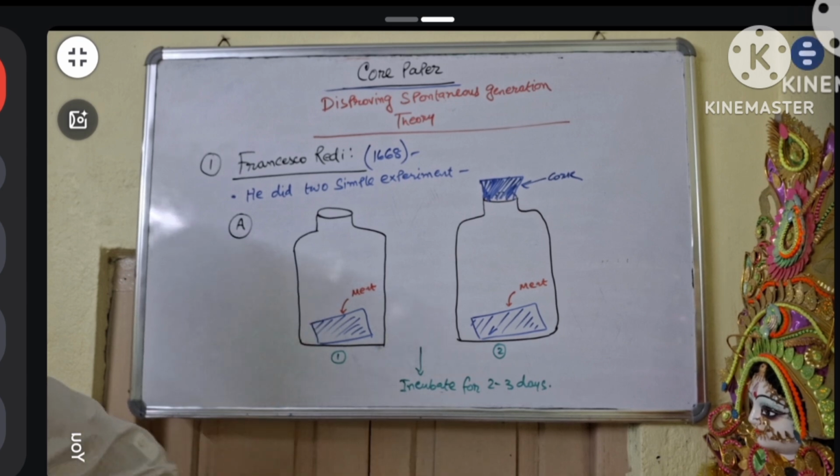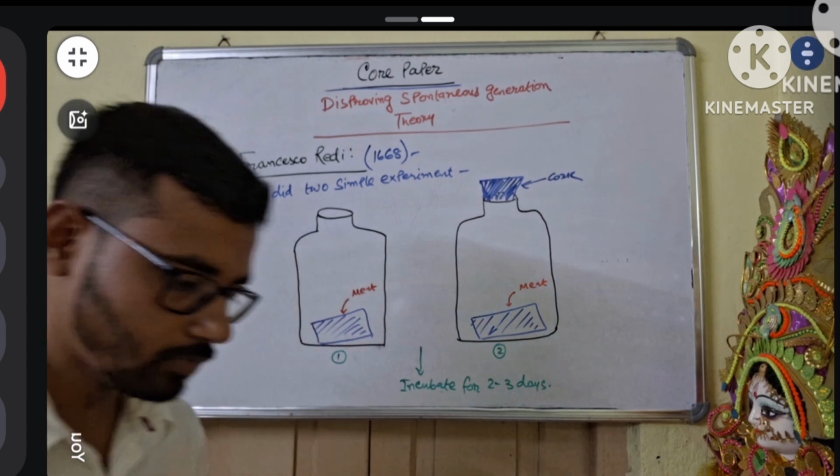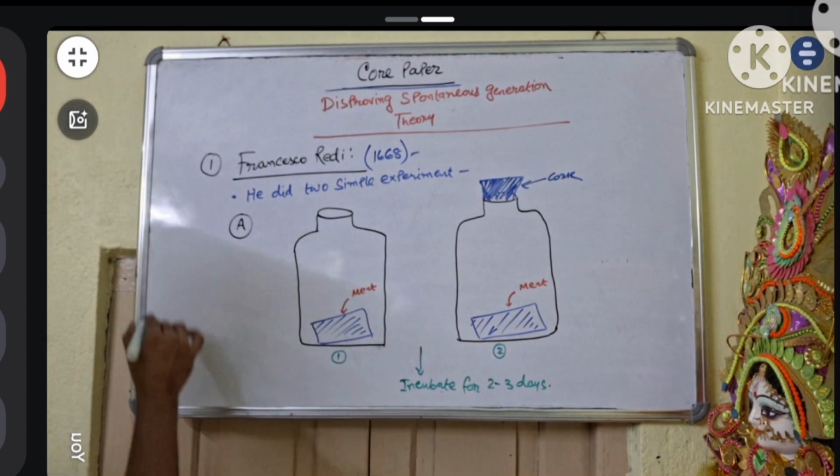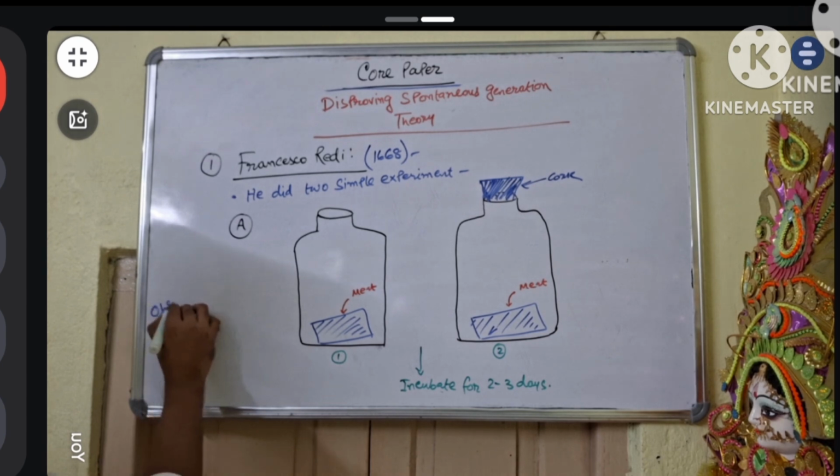What is your expectation? Where will the maggots appear, jar number 1 or jar number 2? Jar number 1. Jar number 2 would have no maggots, and Redi got the same observation that we expected.